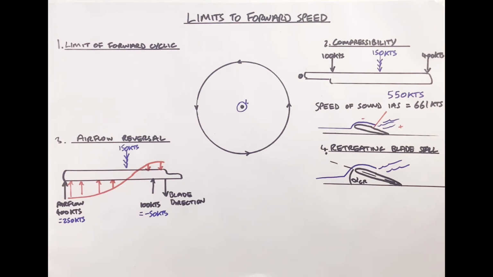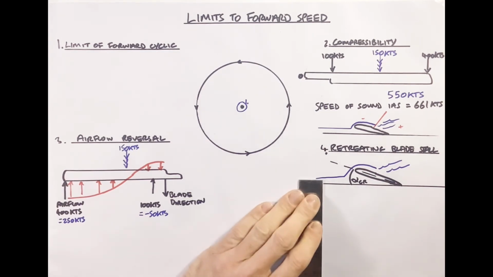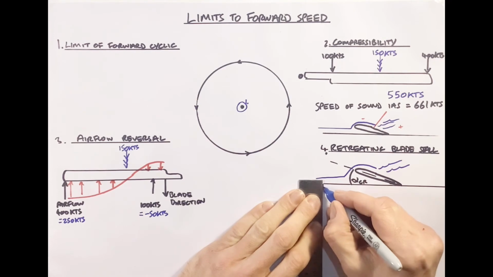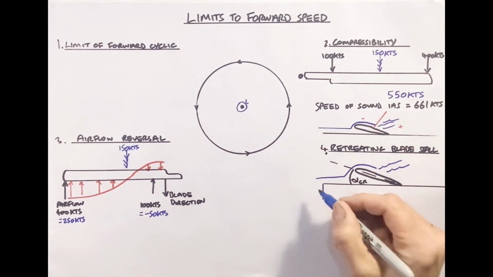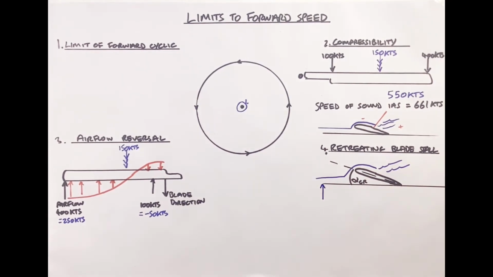Well, when the blade stalls, it starts to drop because we've lost lift. And this further exacerbates the problem, because as the blade now starts to drop, we've already talked about the fact that it flaps down over here. Well, if the blade is now stalled, it starts to drop a bit more. And as it drops, it generates itself a rate of descent flow.